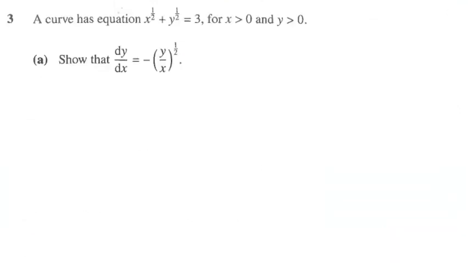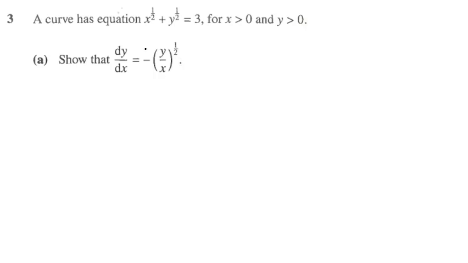Cambridge Assessment International Education 2021 A level H2 paper 1 problem number 3. A curve has equation x to the power of 1 over 2 plus y to the power of 1 over 2 equals 3 for x and y that are positive. Show that dy by dx equals negative root y over root x.